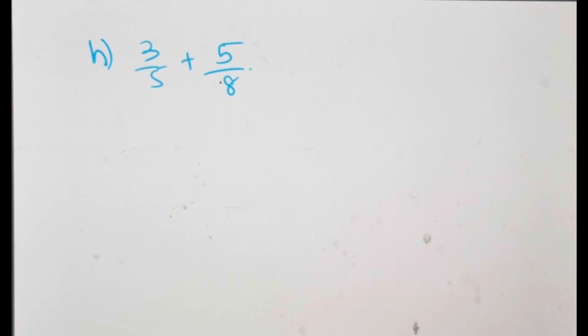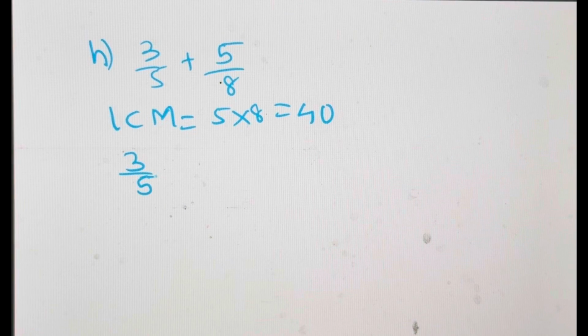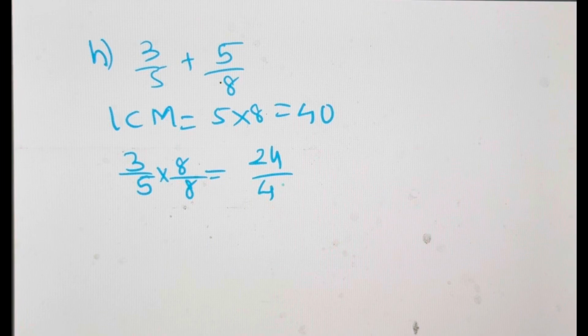So number H, 3 upon 5 and 5 upon 8. If you see, both the denominators are co-primes. So 5 8s are 40 will be the LCM. We take 3 upon 5. 5 we multiply by 8, so you get 40. So we multiply both numerator and denominator by 8. So 3 8s are 24 and 5 8s are 40.